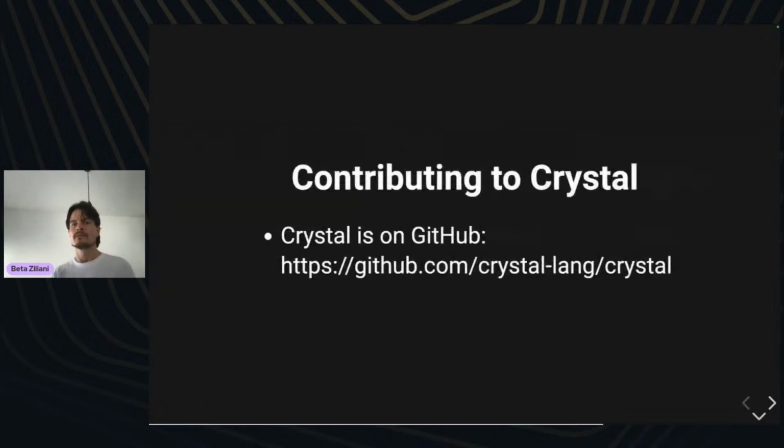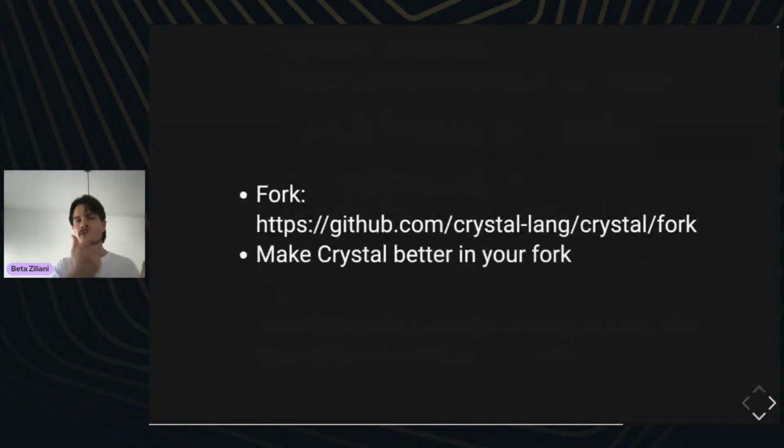So what does it mean to contribute to Crystal? Well, Crystal is in GitHub in this link here, and you have to follow procedures that are partly associated to it being in GitHub and partly associated with how we want people to make their contributions. So for instance, the first step will be to fork Crystal into your own space in GitHub. The bad part is that you need a GitHub account.